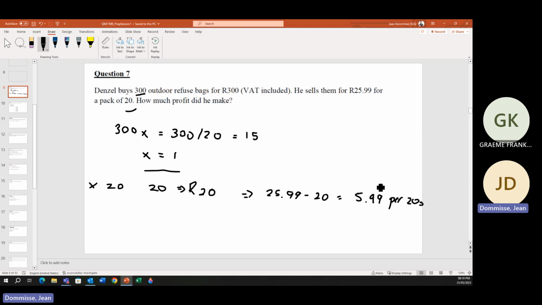So if he gets R5.99 profit on each pack, you will just say that, well, there's 15 packs, R5.99 profit per pack. So if you multiply the two out, you should get the profit that he is making on all the bags that he bought, which will be 89 rand and 85 cents.